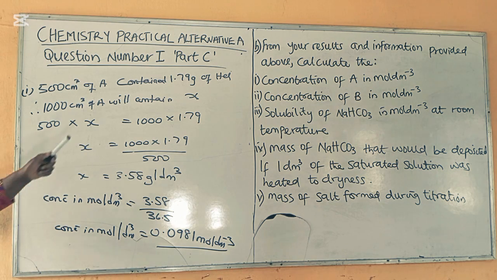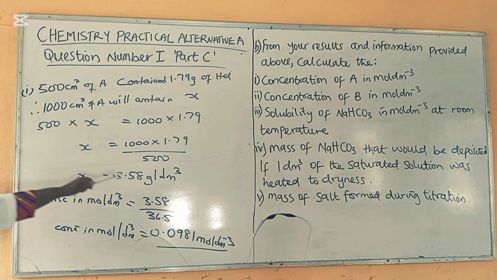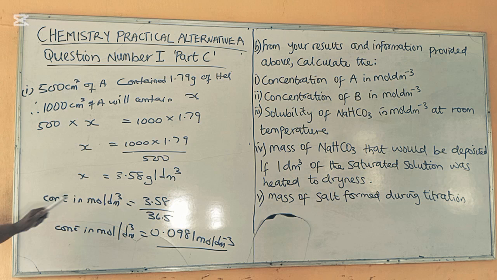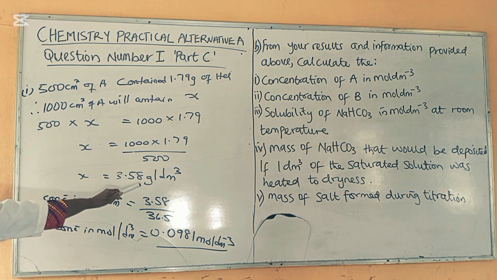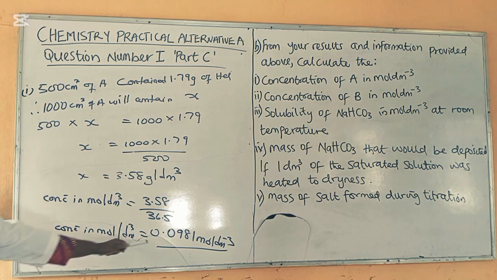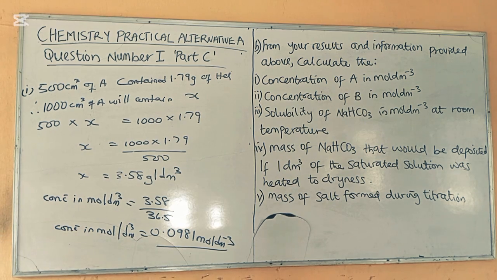From the information provided, 1.79 is dissolved in 500. I need to make it up to 1,000 to get the actual concentration, which I have already done. Then I convert this mass concentration to mole concentration using the formula, and that is the answer.